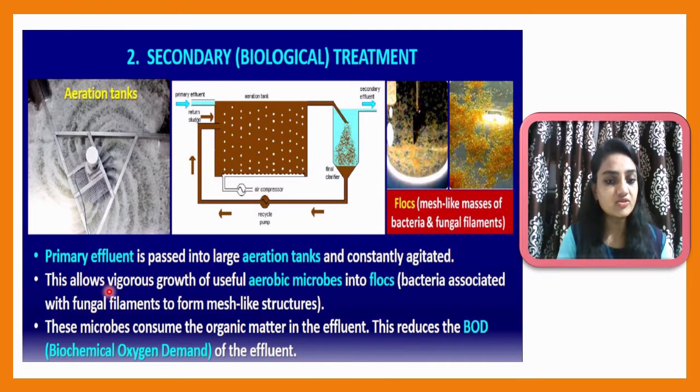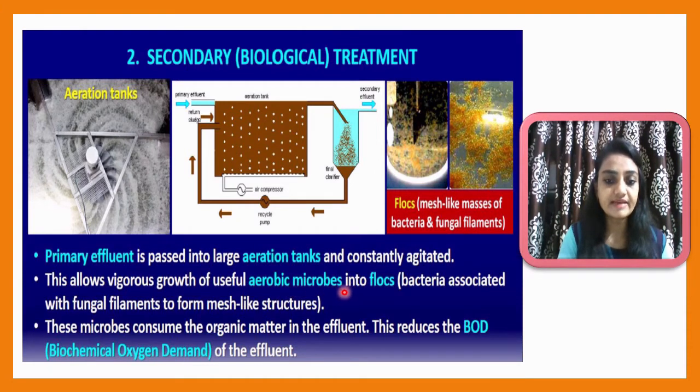This allows vigorous growth of useful aerobic microbes. Air, which is a mixture of gases, is very important for the growth of aerobic microbes, because these aerobic microbes can grow only in the presence of oxygen.